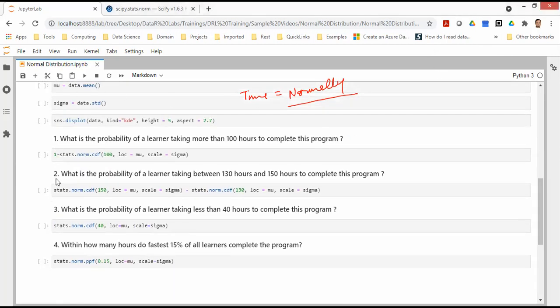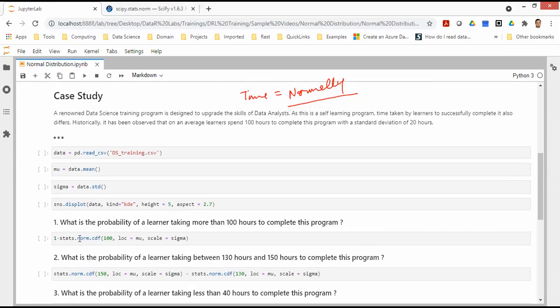I have 4 sets of problems, problem number 1, 2, 3, and 4, which would give me a good hang of this entire PPF and CDF functions and how to calculate the probability and get the Z scores. The characteristics of any normally distributed data are defined by the mean, depicted by mu, and the standard deviation, depicted by sigma. Here as well, we have these 2 numbers: the mean is 100 hours and the standard deviation is 20 hours.